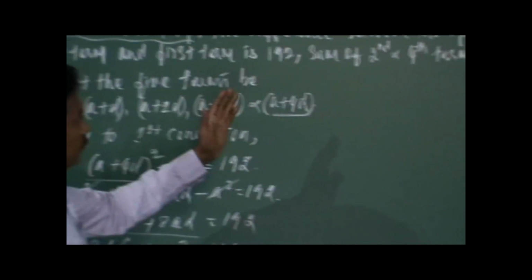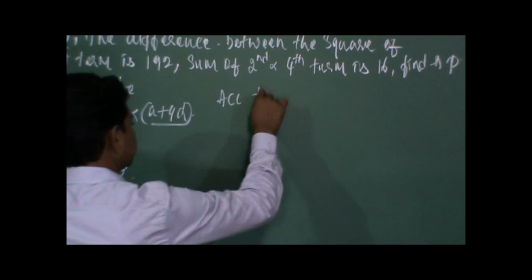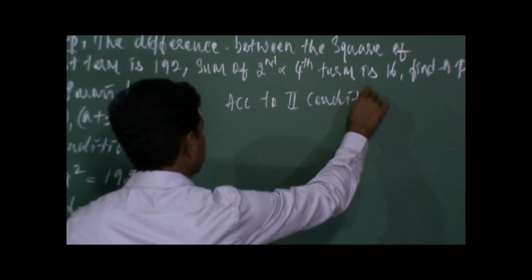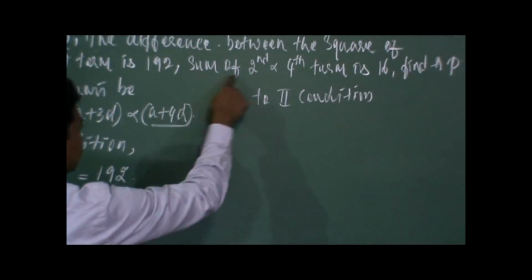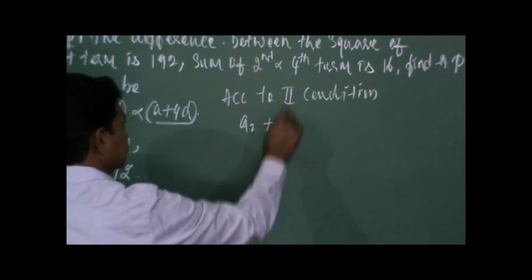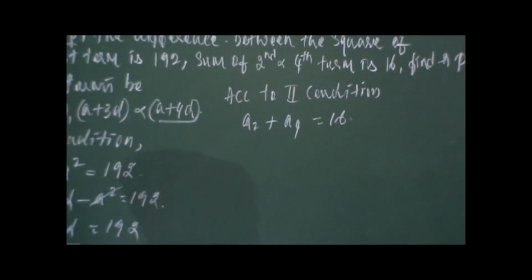Sum of second and fourth term is 16. So according to the second condition, A2 plus A4 is 16. Let us define A2.